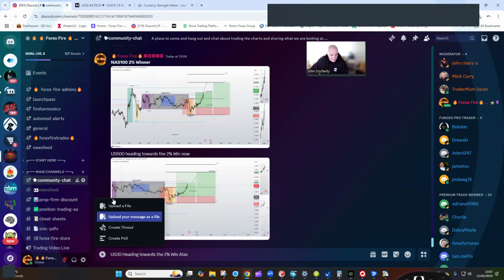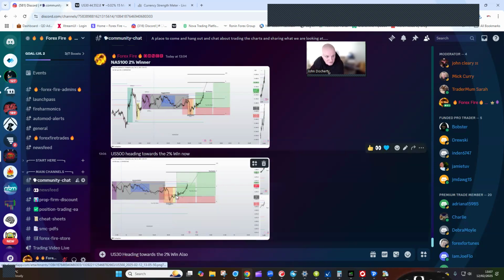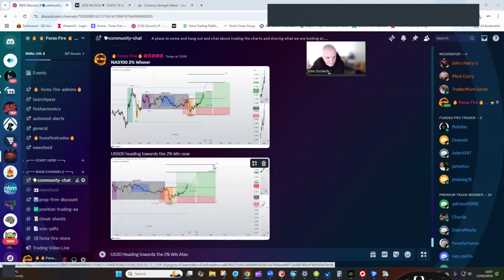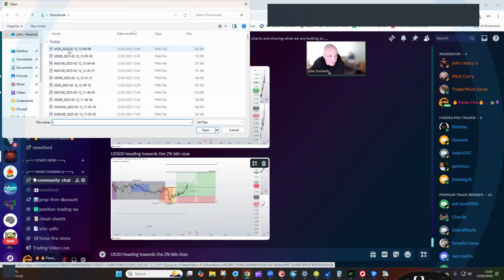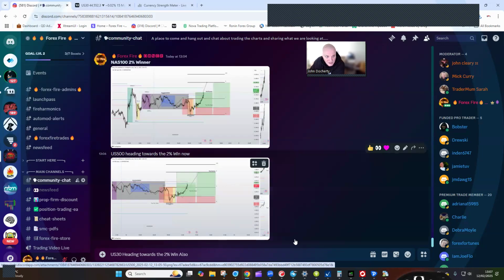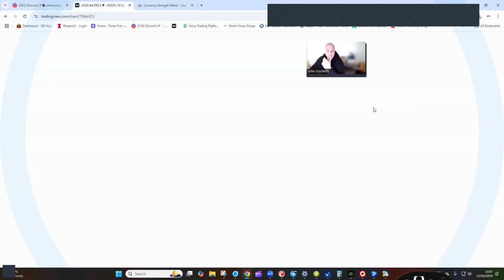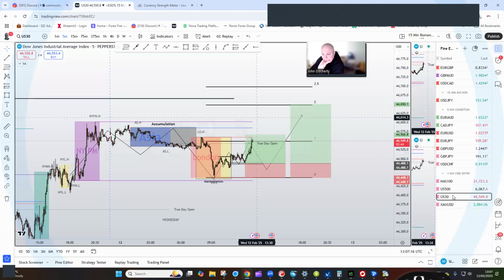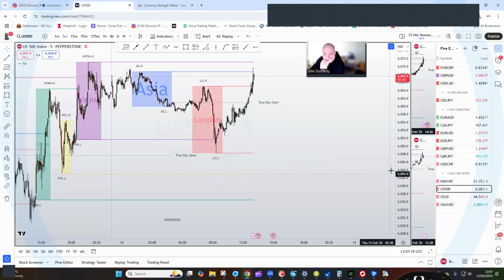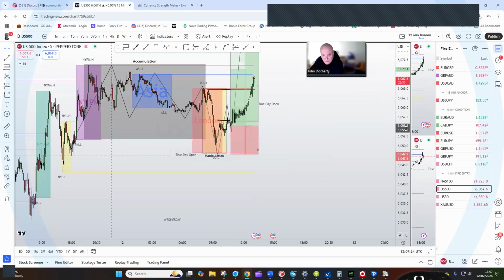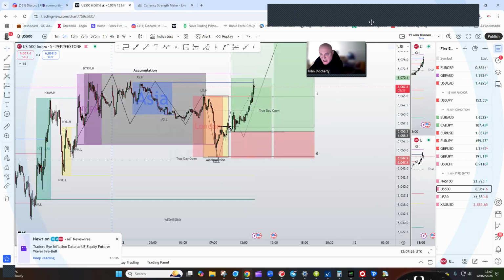And we've got the US 30 heading towards the 2% as well. So happy days with that. Another quick look on the chart here. US 500. Yeah, it's just about underneath. So that's where we are, guys.